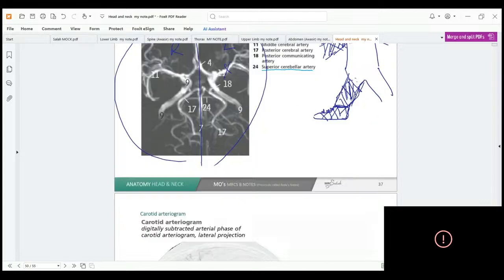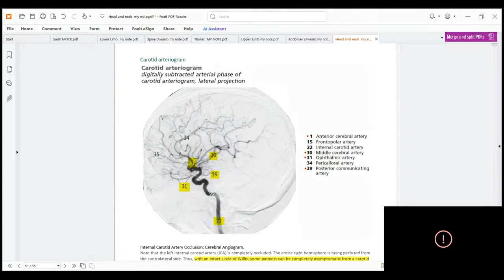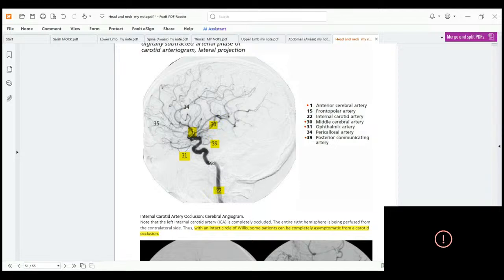Okay. 30, that is the middle cerebral artery. 31, ophthalmic artery. 39, posterior communicating artery. 1, anterior cerebral artery. Yes, I can see it. I will do it.